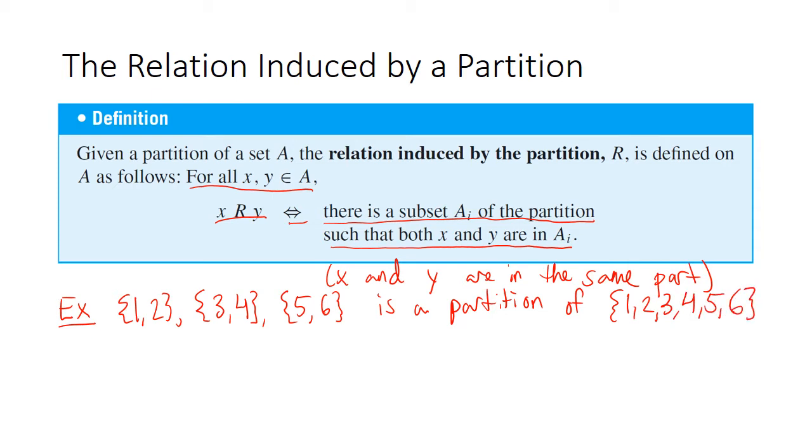If we define R the way it's defined in this definition, then 1 is related to 2 by R, and for example 3 is related to 4 by R, but 1 would not be related to 3, because those are not in the same part. That is how the relation induced by the partition works.